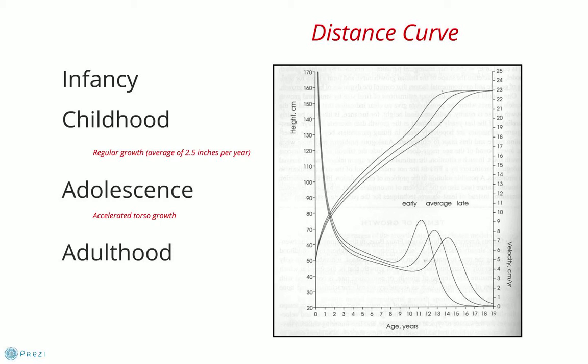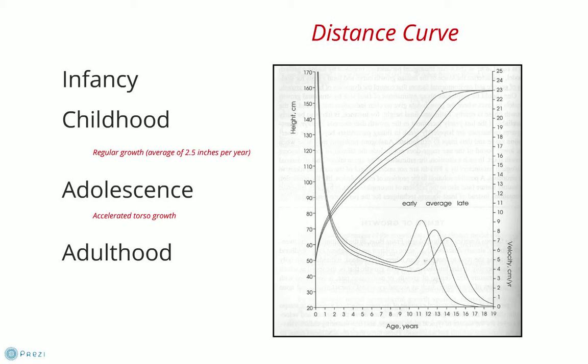The adolescent growth period can begin as early as age 10 for some children and often as late as age 15 or 16, that would be sort of the upper extreme. The adolescent growth spurt is generally characterized by more growth in the torso.